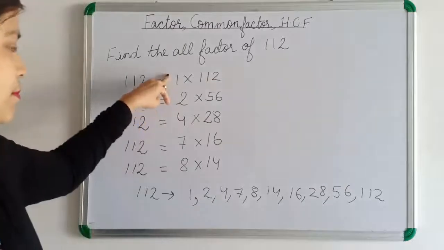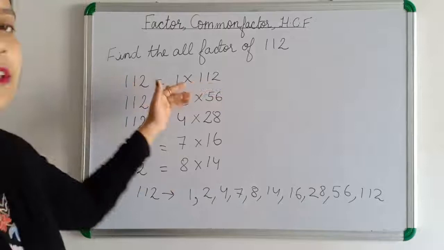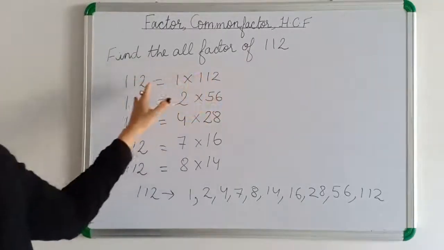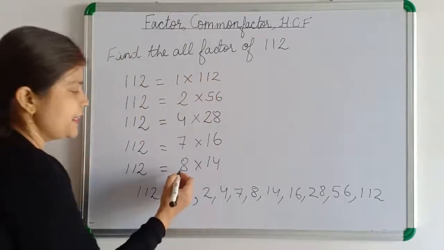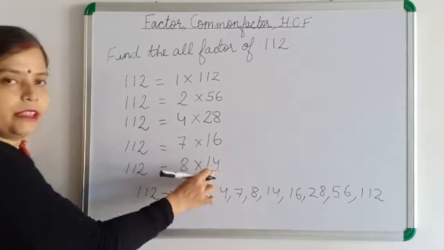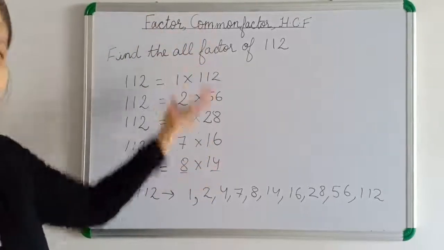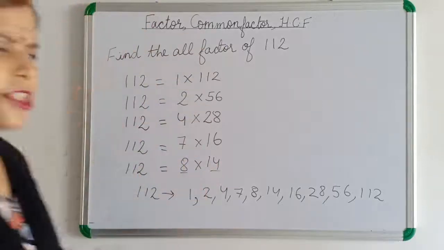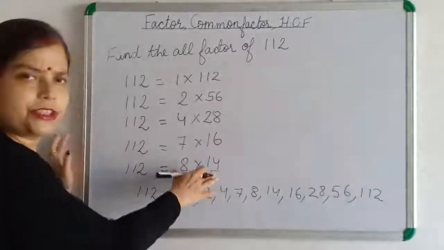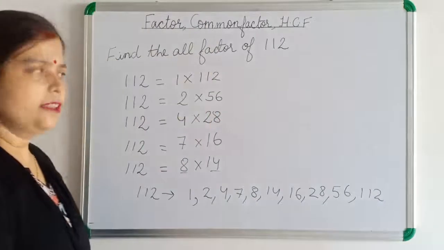We are dividing the number one by one with 1, 2, 3, each number, and then we are finding it as a product of two numbers. We have written the number as the product of two numbers, and when we get the number like this, we will go till 13 only for checking. We will not go further. After 14 it will repeat only, so no need to check the divisibility of the further numbers. Only till 13 we can check, and then we will stop, and we get all the factors here.